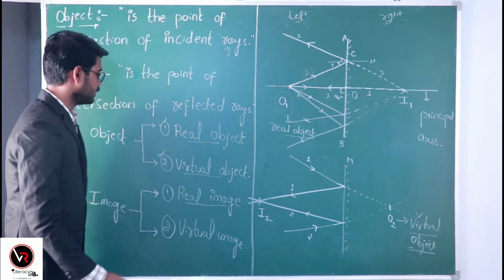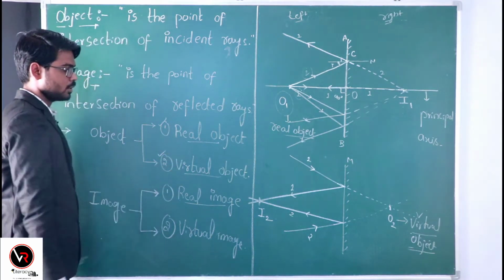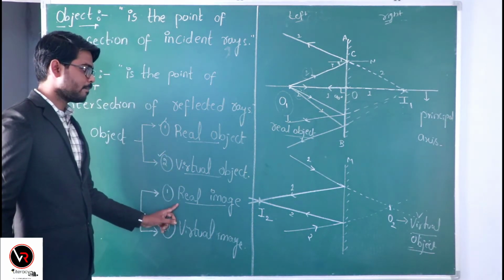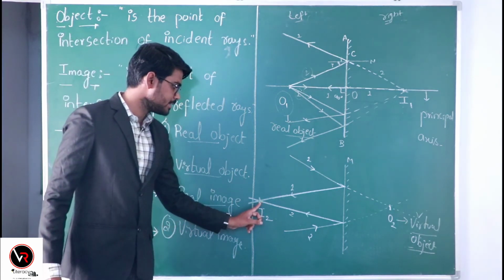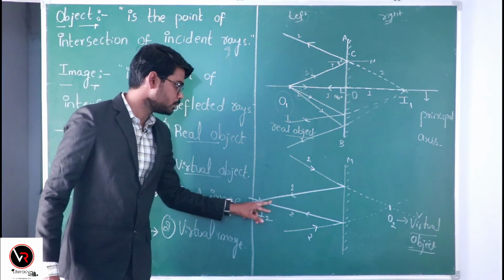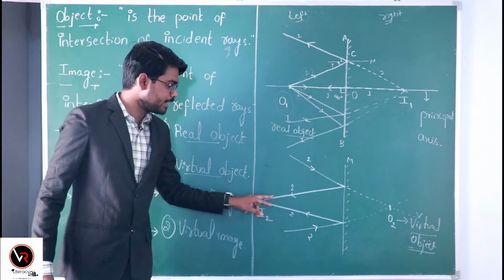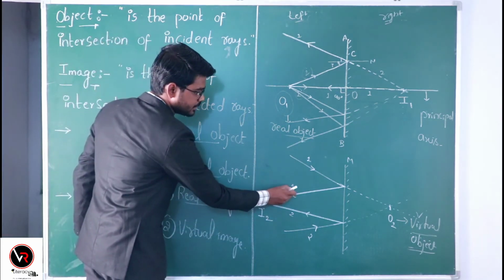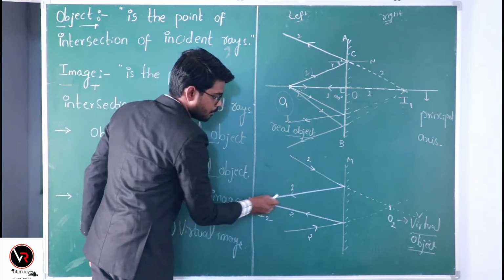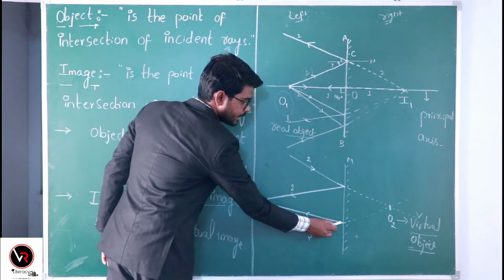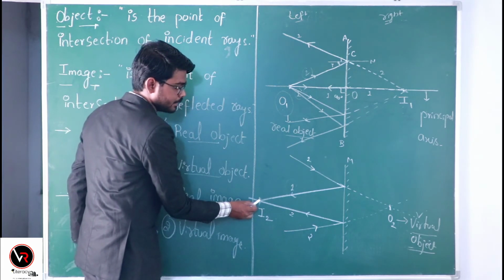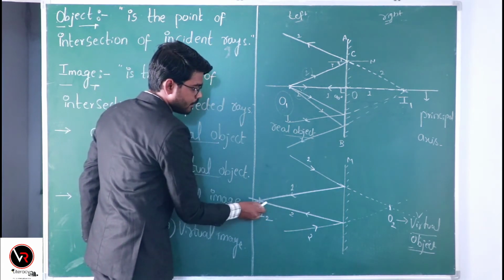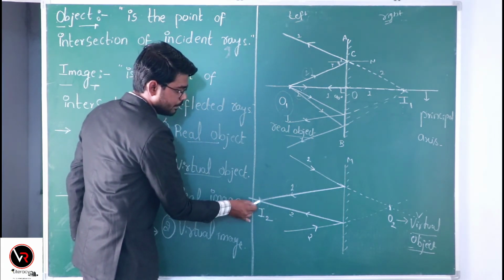Now you understand real object and virtual object. And what is a real image? A real image is the image formed due to actual intersection of reflected rays. In this ray diagram, this is the first reflected ray coming from the plane mirror, and this is the second reflected ray. After reflection, these two rays actually meet at this point.